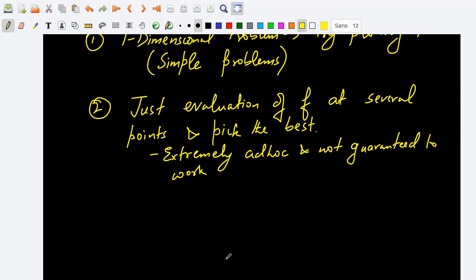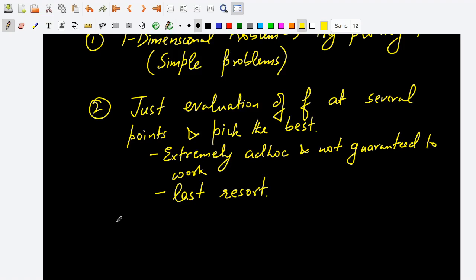Also, many times, the function itself is so complicated that you can't do anything sophisticated algorithmically or mathematically with it, and then this might be your ultimate last resort sort of a thing. Whenever you are totally helpless, then you can try doing this, but otherwise not.